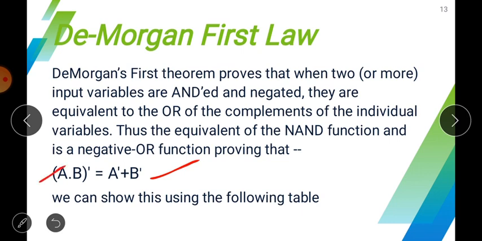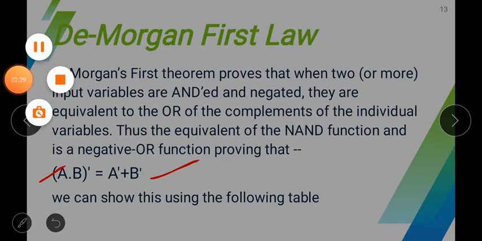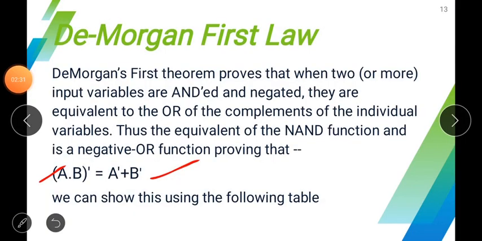And here you can see A complement OR with B complement. So this is De Morgan's first law. And a very simple technique to remember De Morgan's law is: break the line and change the sign.